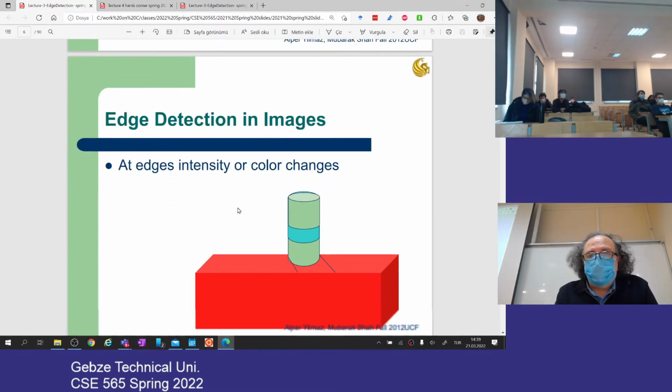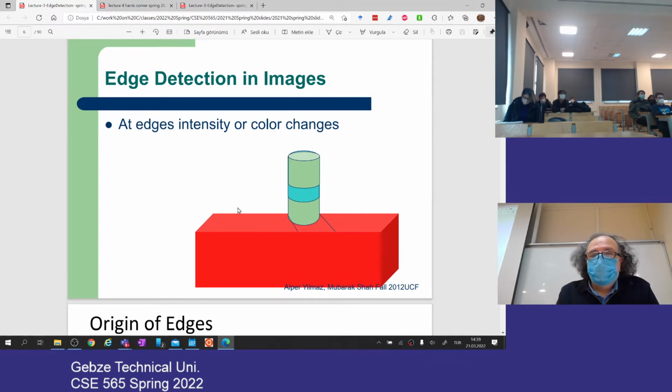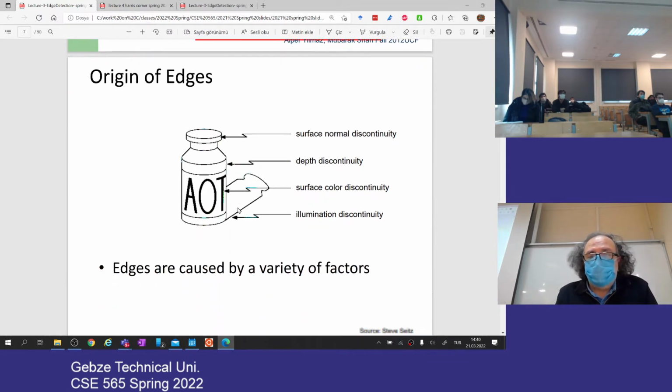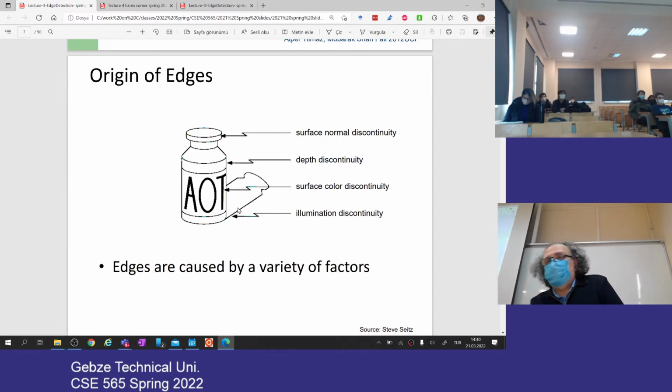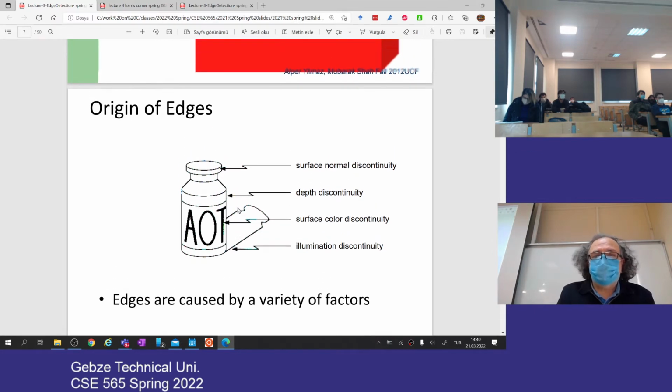We say that, okay, we define the edges as sudden changes of intensity around an image point.